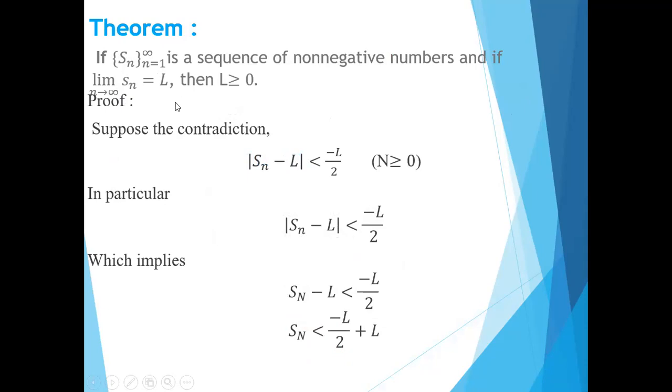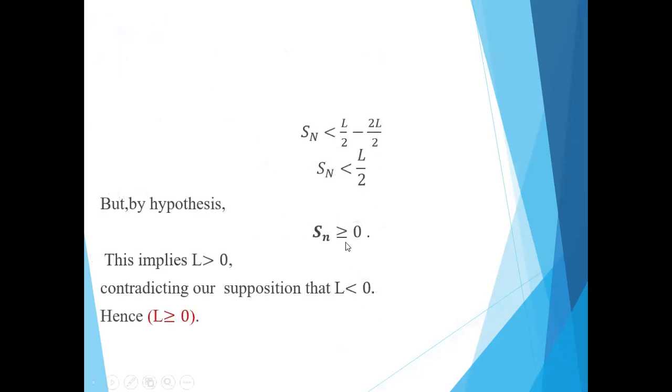Next, the proof. Suppose, for contradiction, that L is less than 0. Then the modulus of S_n minus L is less than minus L by 2 for n greater than or equal to N. In particular, the modulus of S_n minus L is less than minus L by 2, which implies, removing the modulus, that S_n minus L is less than minus L by 2. Therefore, S_n is less than minus L by 2 plus L, so S_n is less than L by 2 minus 2L by 2.